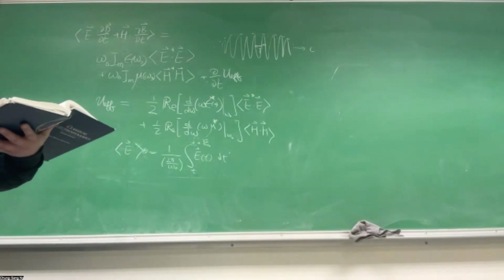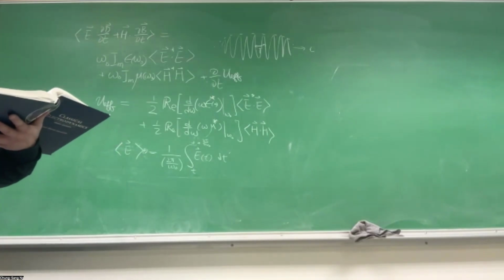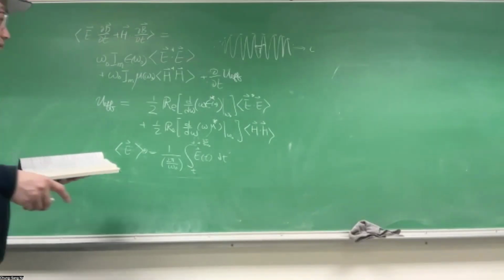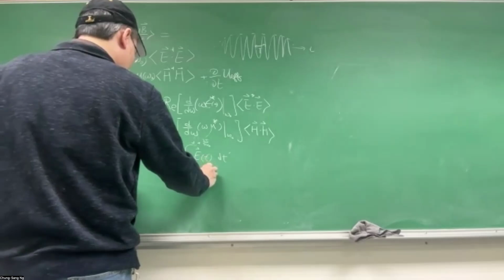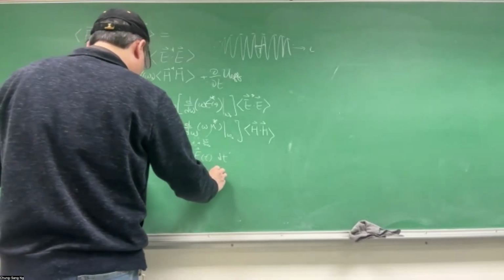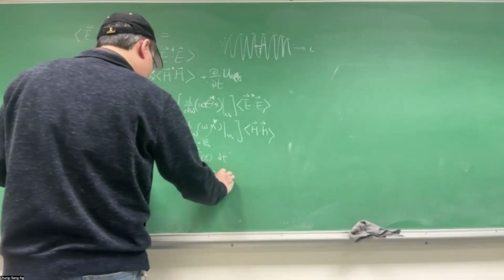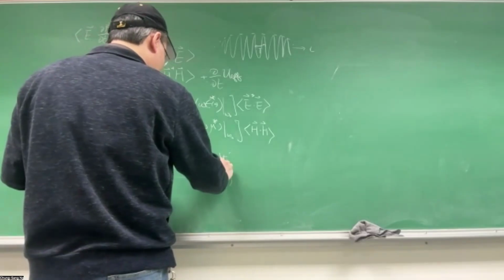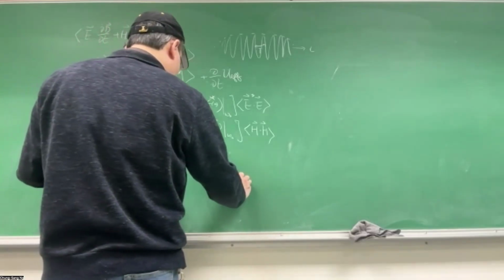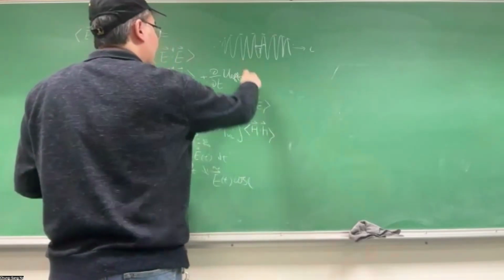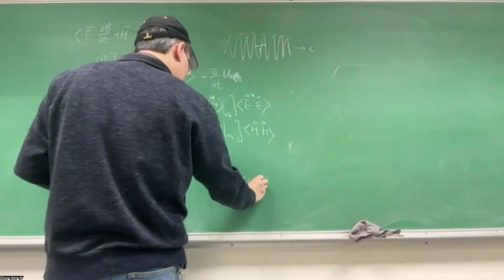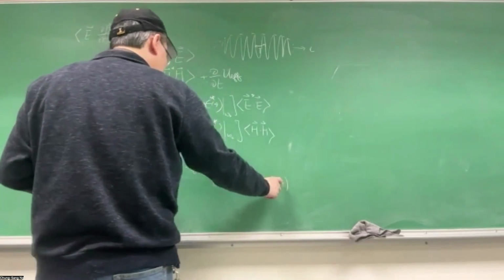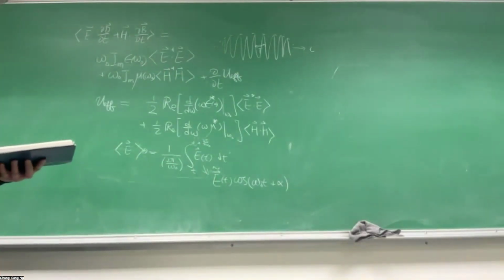Jackson has a model like this, and if you want, you can use Jackson's model. Say the electric field has a slow time dependence, this E tilde, which is actually a vector, and then this is the fast time oscillation, like a sinusoidal one, cosine of omega t plus alpha, a phase factor instead of writing two terms, sine and cosine.